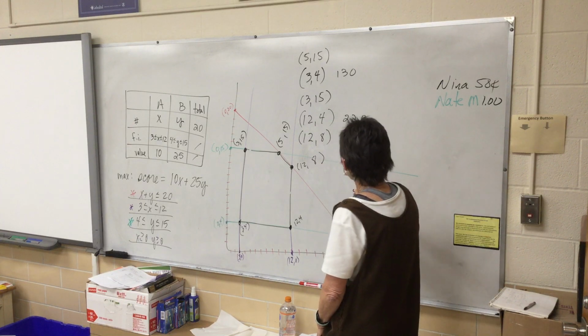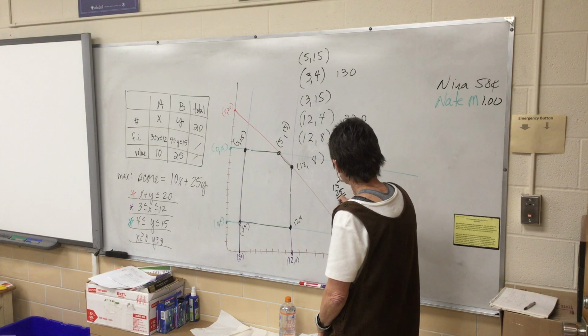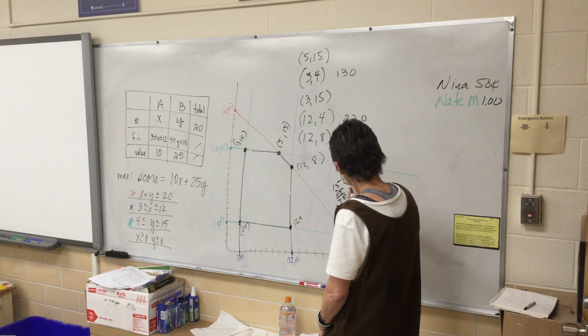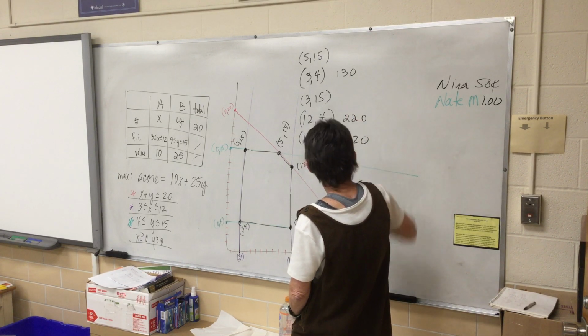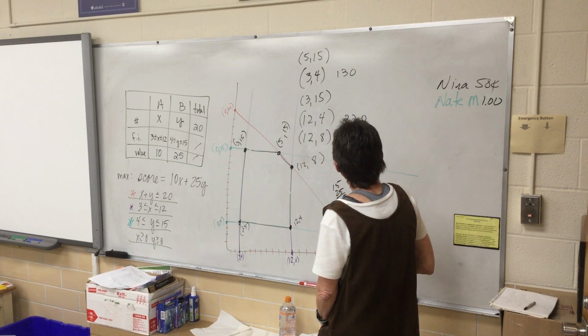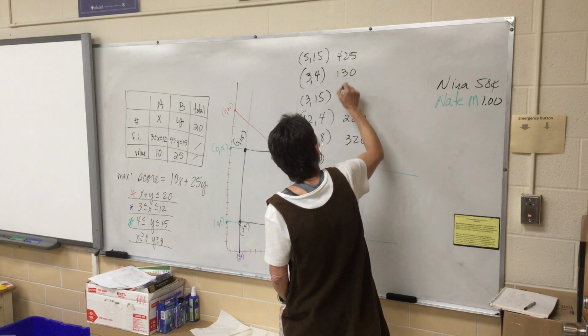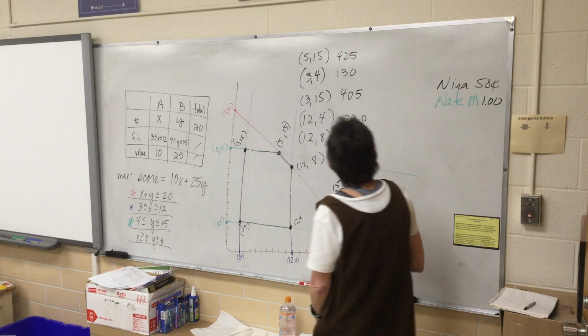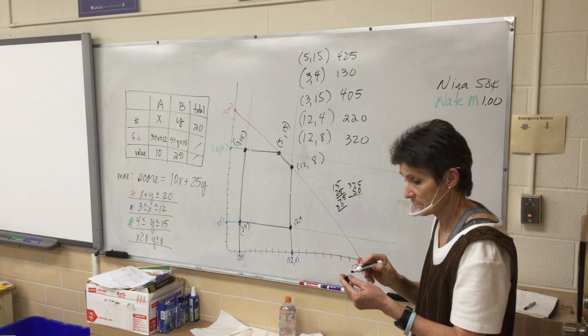And then I don't know. Yeah, 3 and 15 is 405. 405. Perfect, thank you. Are the rest of them right that I did in my head? Is that what you got?